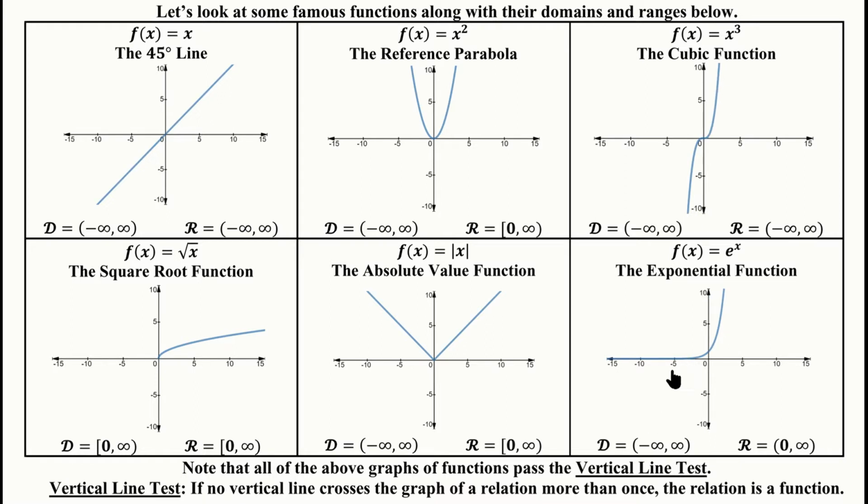So this one also has an interesting quality, because notice it's approaching the x-axis. Now, it's hard with technology to try to show the reality of this situation, but this actually never touches the x-axis. And because of that, we call the x-axis in this graph a horizontal asymptote of this graph.